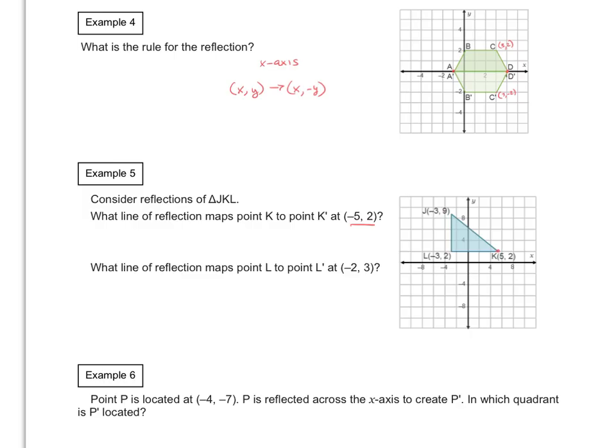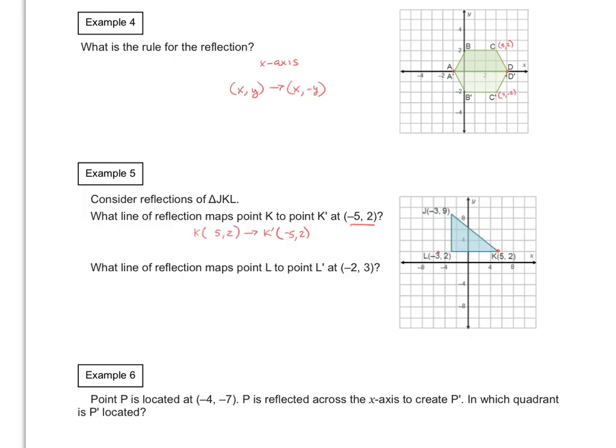K prime is -5, 2, but my original K was 5, 2.